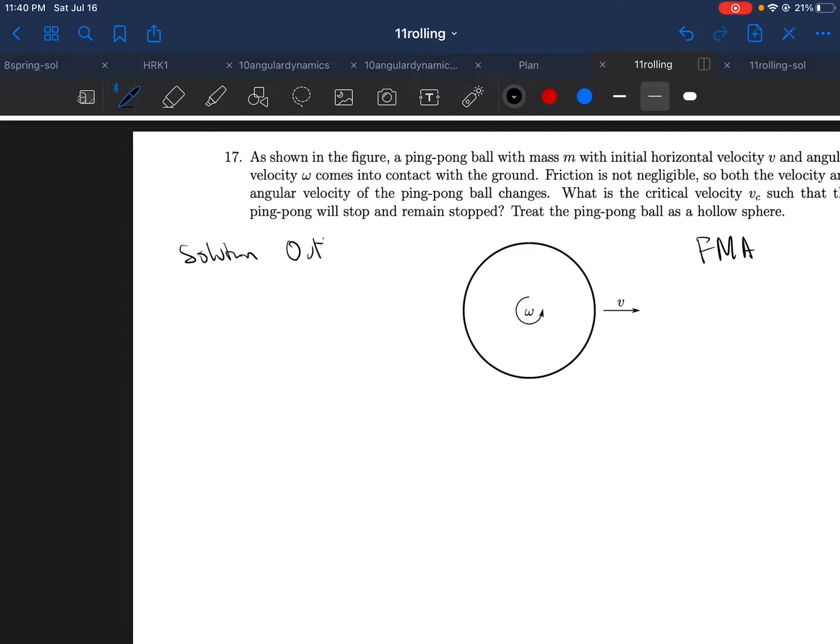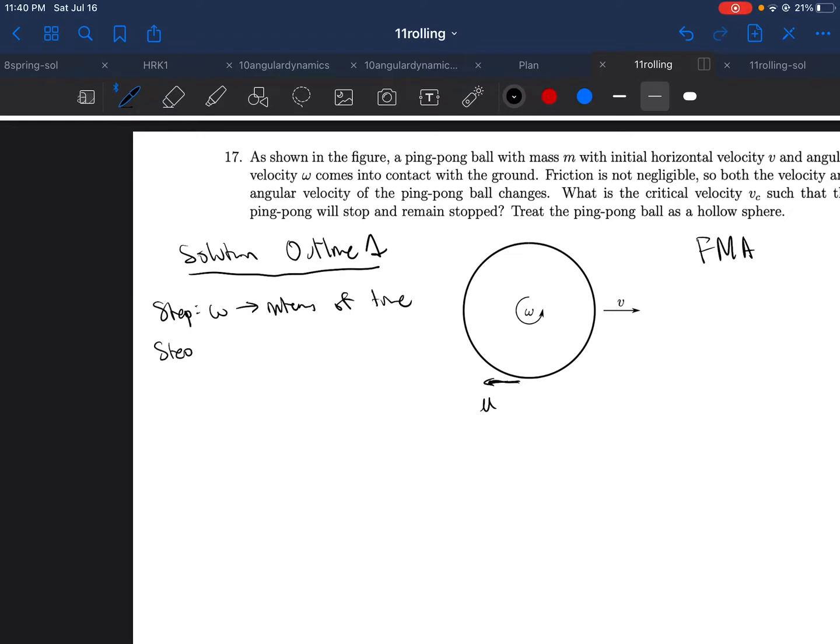In solution outline 1, the first solution involves introducing a new variable, let's call it mu, the friction coefficient between the ground and the ball. Essentially we use kinematics. The first step is to parameterize w in terms of time.